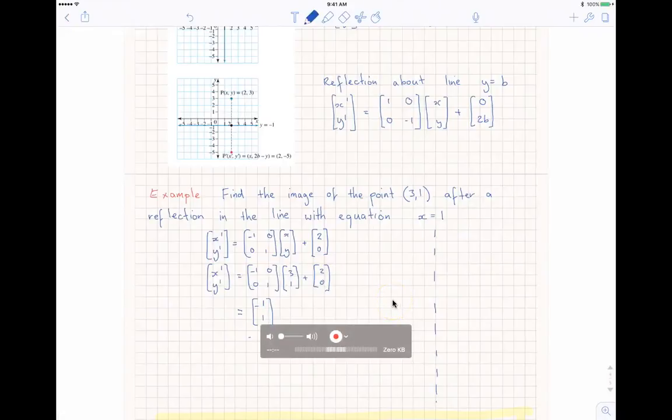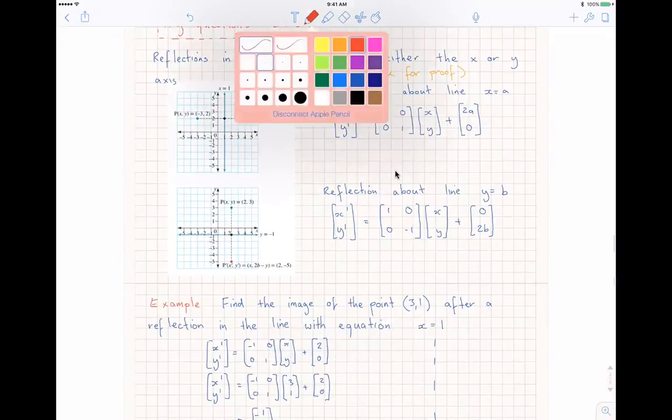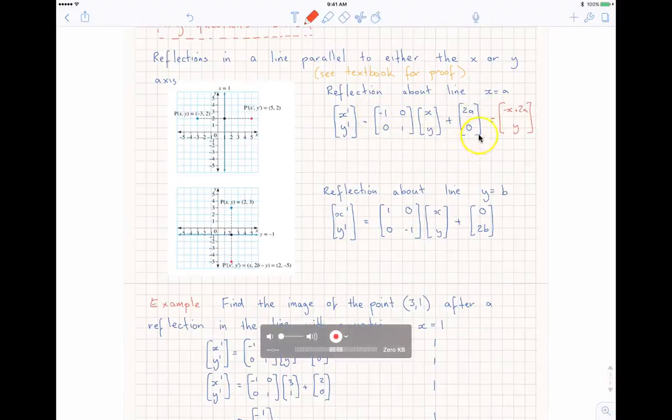Another way to think about it, which I sometimes prefer rather than doing all those bits of calculation, is to just write this as -x plus 2a over y. In other words, I've evaluated all of that junk in there just to get -x plus 2a over y. Same for reflection about a line y equals b.